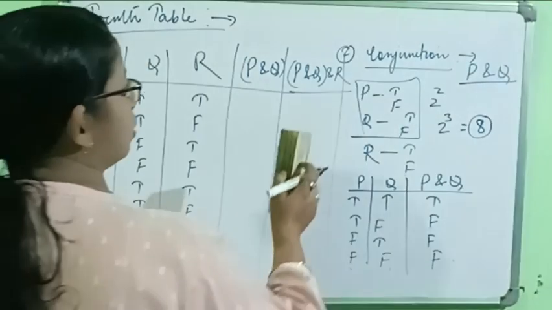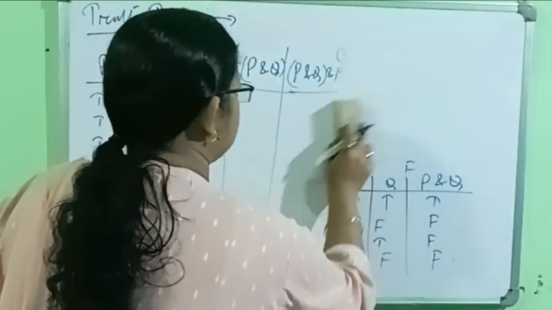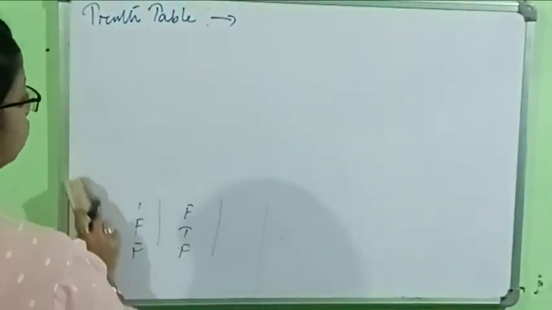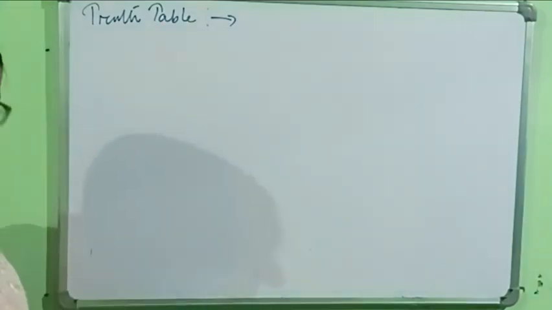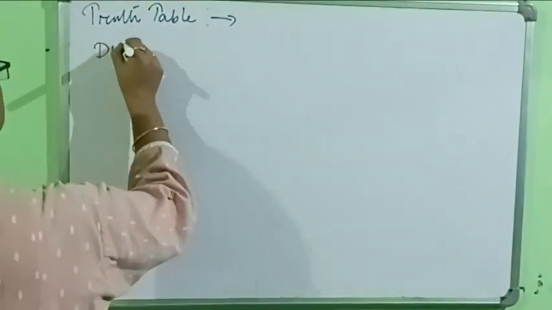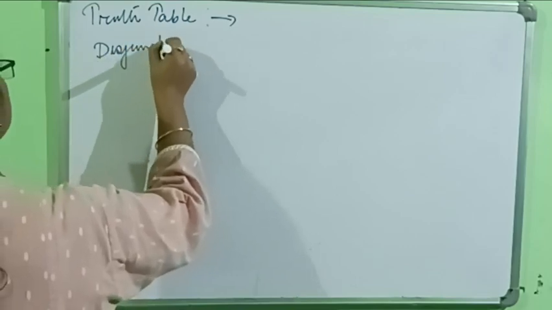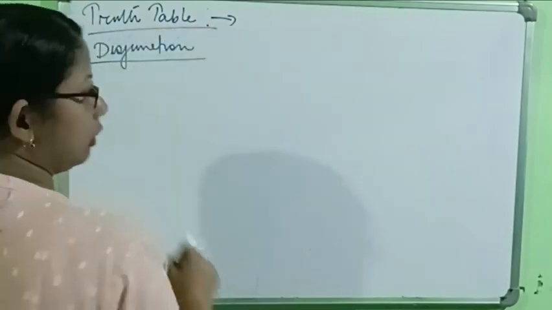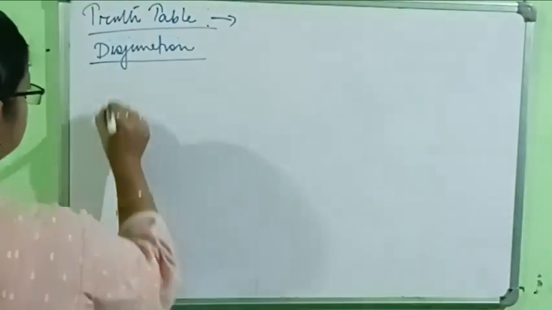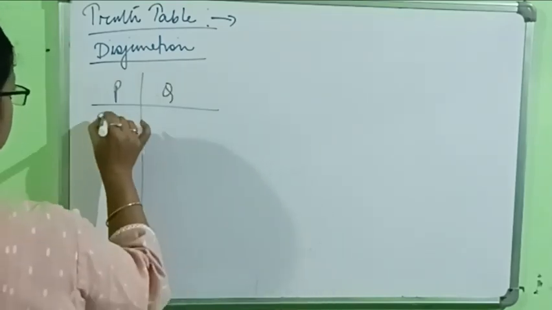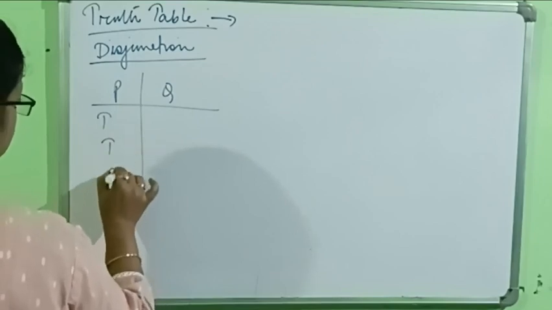Next, I will discuss the truth table for disjunction. I am writing the truth table taking only two statements, P and Q. So I will get 4 outcomes. That is true, true, false, false.